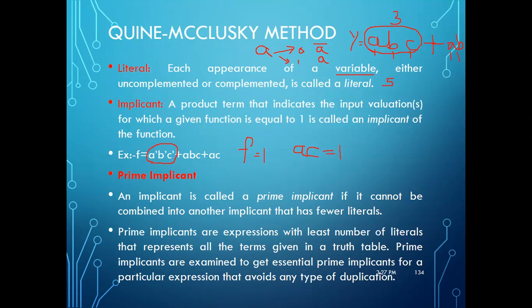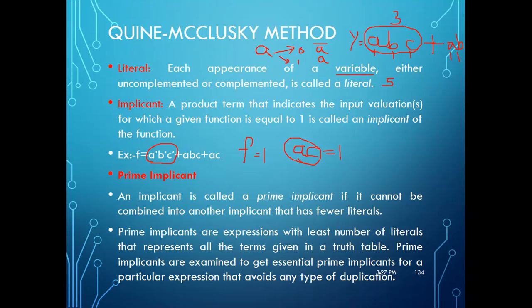So based on particular variables in the expression, your full function becomes equal to 1. So that term, for example here AC, if AC is equal to 1, f becomes equal to 1, so you call AC an implicant of f. So that is what an implicant is.